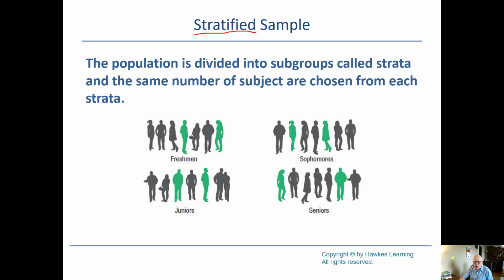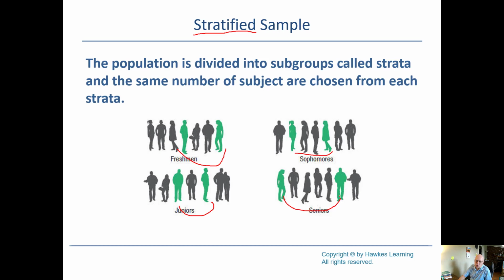What we want to do is split this group of students up into those 4 groups. And within each group, we pick the same number of subjects. So we're going to get 2 freshmen, 2 sophomores, 2 juniors, and 2 seniors.